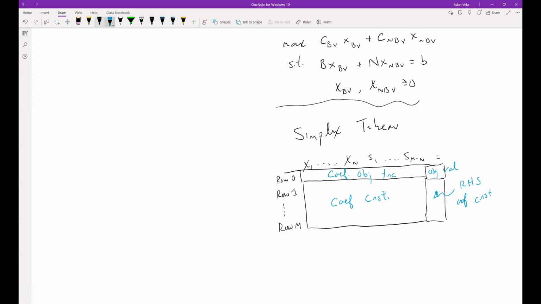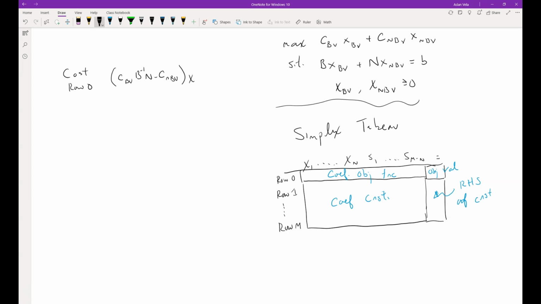Now, each one of these parts has a corresponding equation that we're going to use. So for row 0, for the cost, we have CBV times B inverse N minus CN BV.